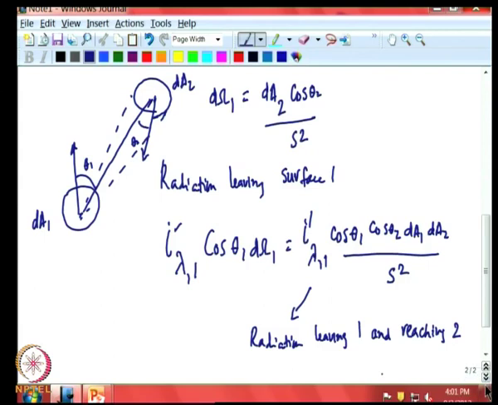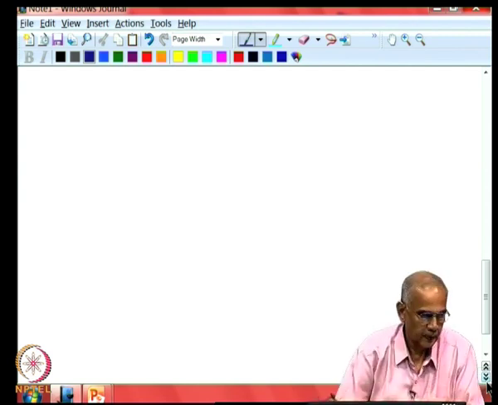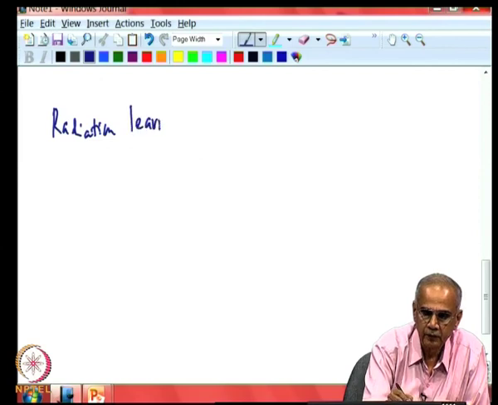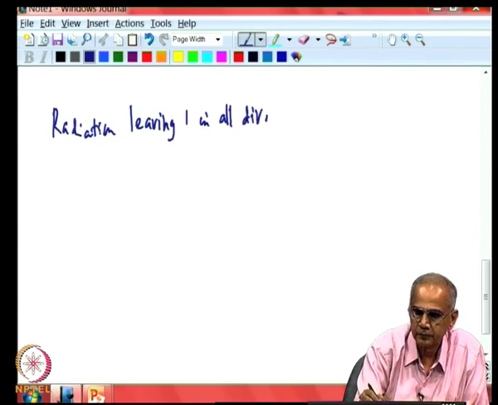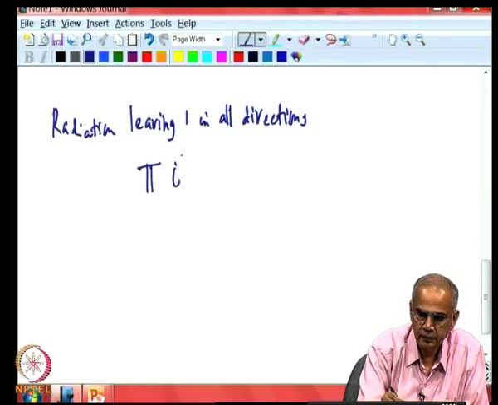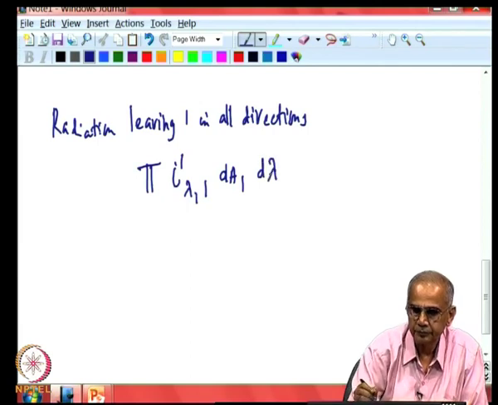Now, let us ask this question: what is the total radiation leaving 1 in all directions? If we integrate over all directions, the radiation leaving surface 1 in all directions is nothing but pi times I prime lambda 1 dA 1 d lambda.